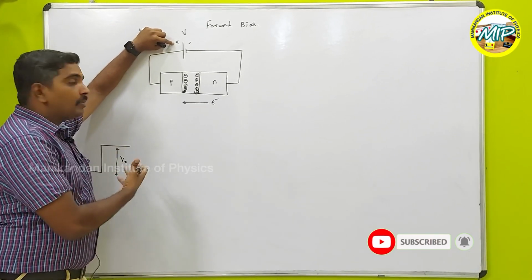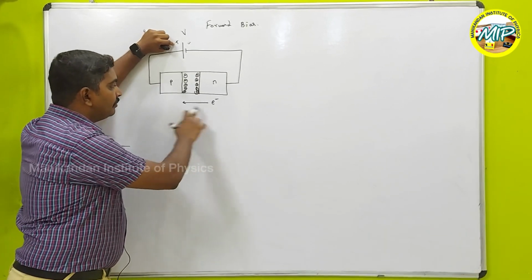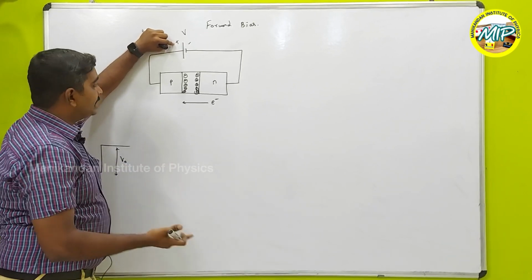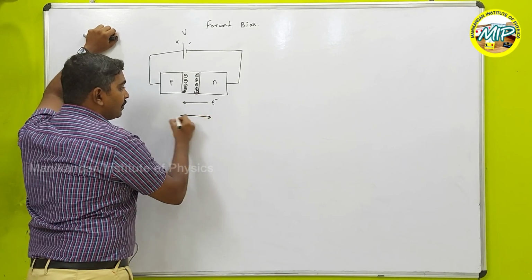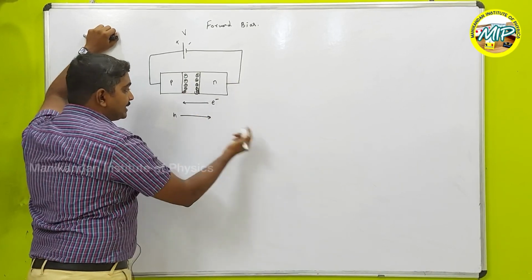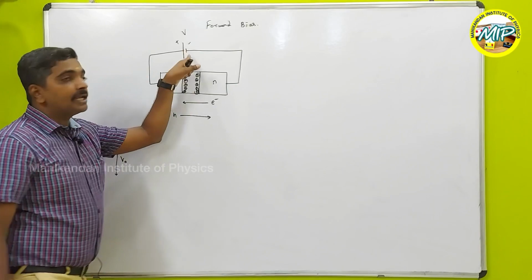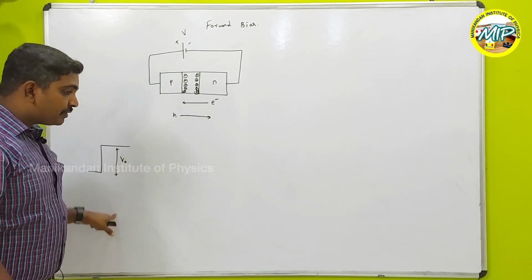And this negative charge will attract my holes from the p side to the n side. So because of this applied external potential, my barrier potential will be reduced.